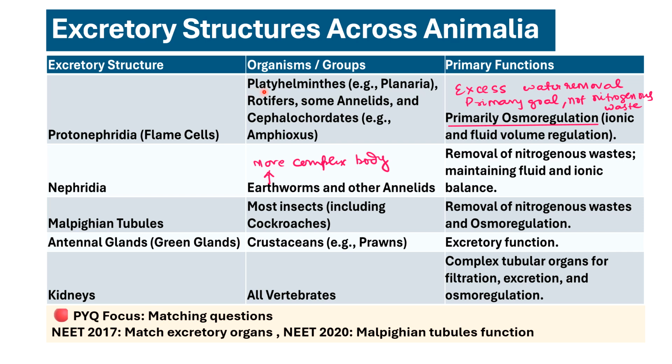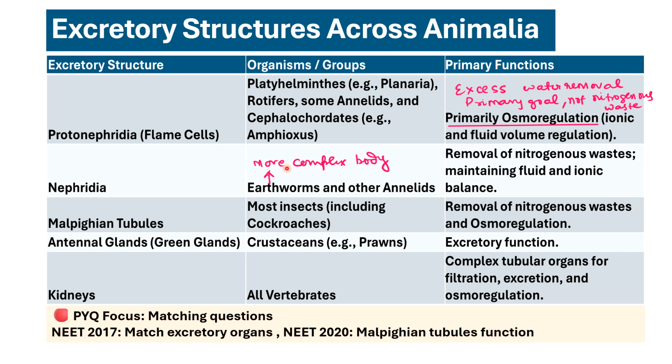Because platyhelminthes live in an aquatic environment, so they have to expel a lot of water. Otherwise water will enter their body, so they have Protonephridia in order to reduce the water load. That is the primary goal, not elimination of the nitrogenous waste.